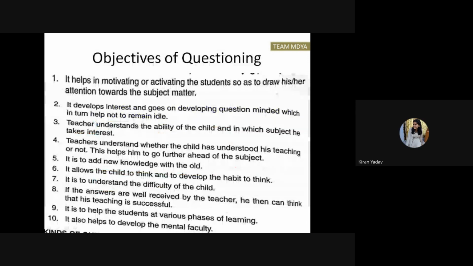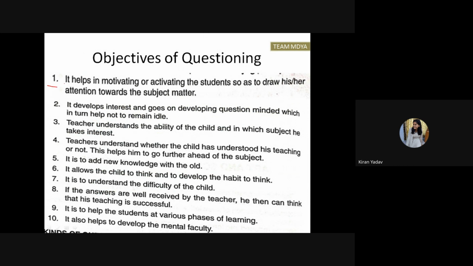So let's see. As you told, this is the very main objective: to know how much knowledge students have, and which topics or points the teacher needs to focus on teaching more. So this is the first point.